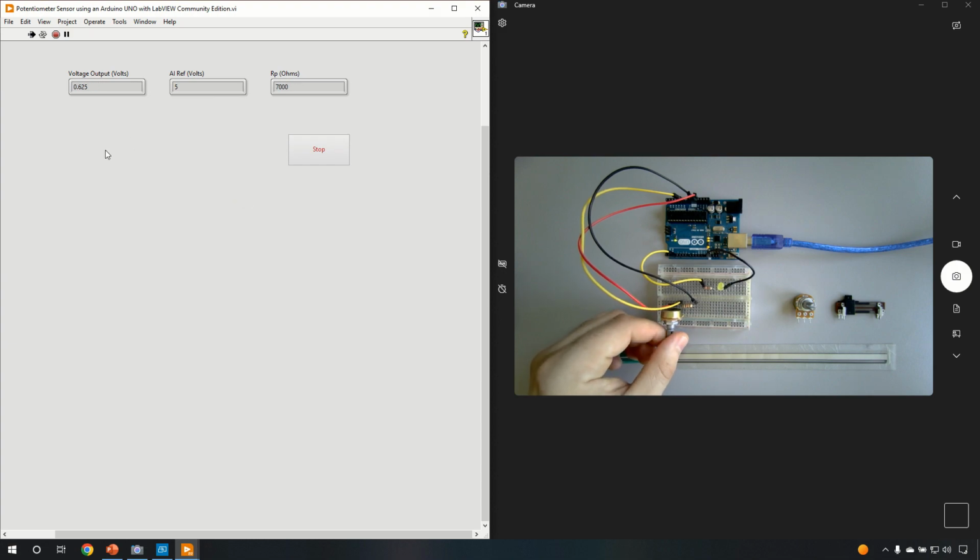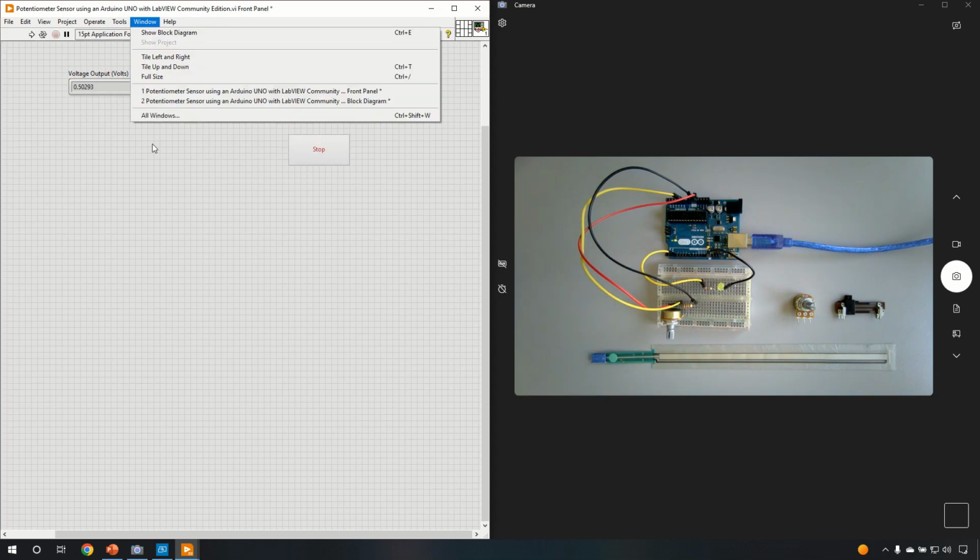And if we rotate in the opposite direction, counterclockwise, we have roughly, let's just fix it, 9,000. It's around 10,000, but it's a little bit shaky right here because of the breadboard, but that's fine. And we can see we have a value of 0.46 volts and 9,778 ohms. And in between these two values, we have the other voltage and resistance values.